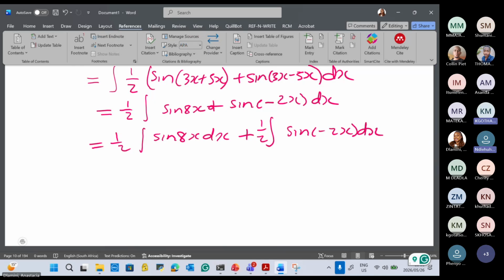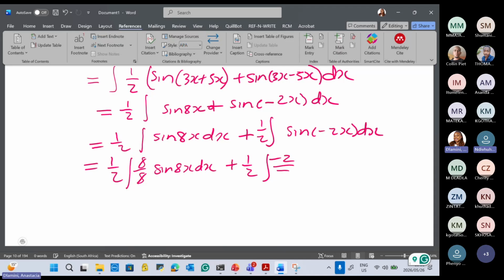We'll introduce a 1 over 8 and 8 over 8. So we introduce an 8 over 8. Yes, like that. And then here, what do we do? We introduce negative 2 over negative 2.